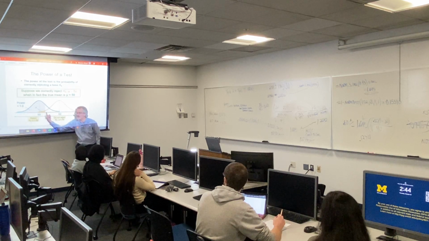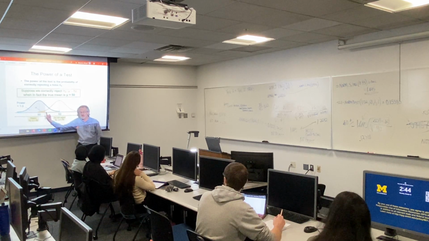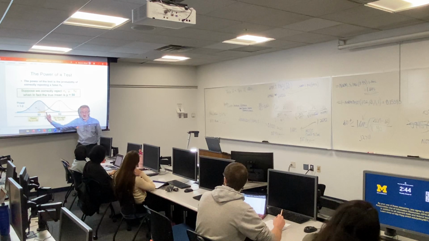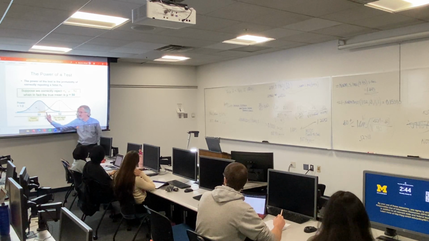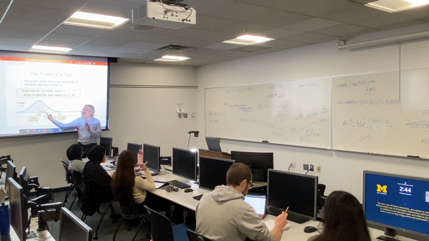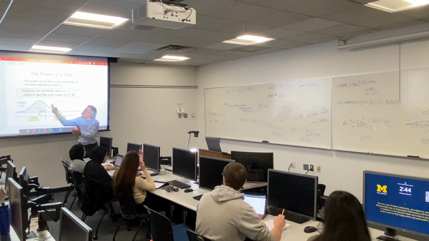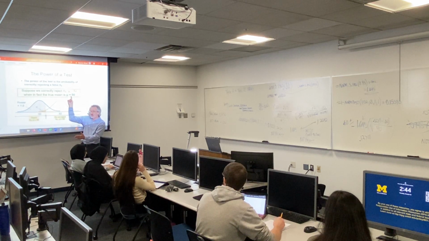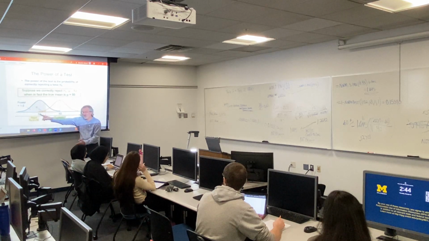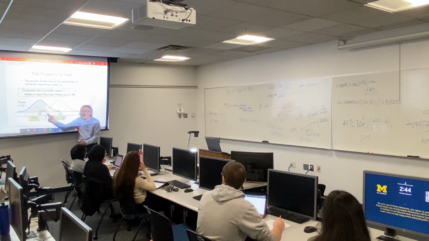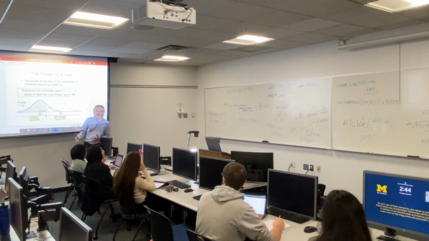So let's say we were right there and we didn't reject it. This is a type 2 error. We should have rejected it, but we didn't. But the only way to calculate it is afterwards, when you finally find out what the true mean of the population was, then that can be used to calculate the probability of making that error.